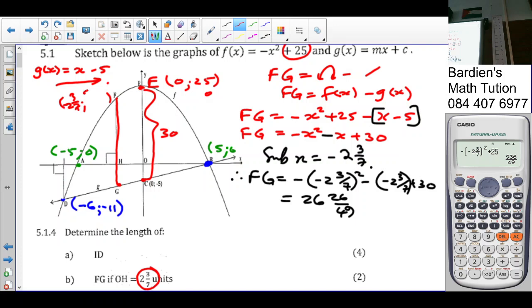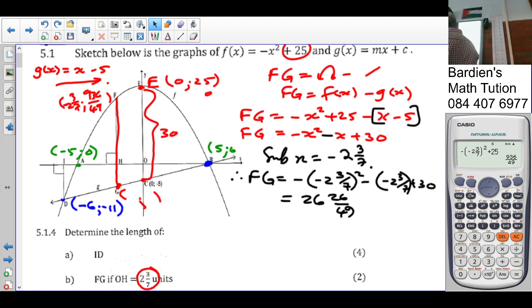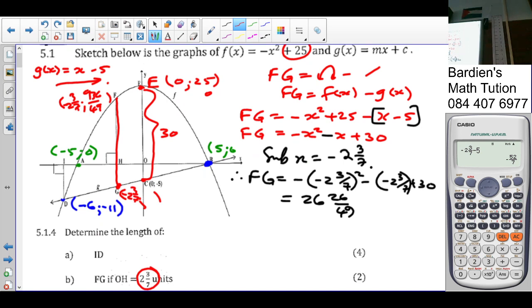Gives you 936 over 49. Then for g, you substitute the same thing. So it's negative 2 and 3 over 7 minus 5. You get negative 52 over 7. So for this one here, it's going to be negative 2 and 3 over 7, and negative 52 over 7.